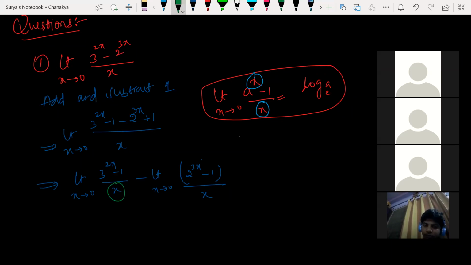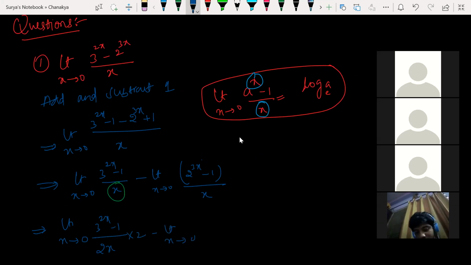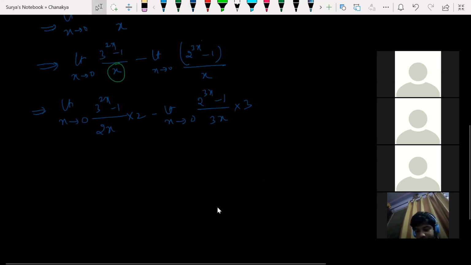So what I have to do here, limit x tends to 0, 3 power of 2x minus 1, I have to multiply and divide with the 2x, minus limit x tends to 0, 2 power of 3x minus 1 divided by, multiply with the 3 on both sides.